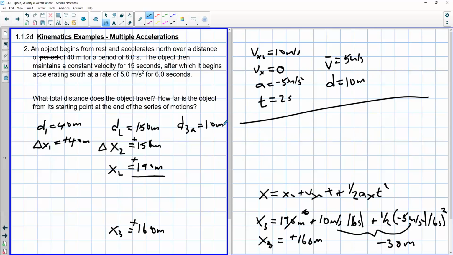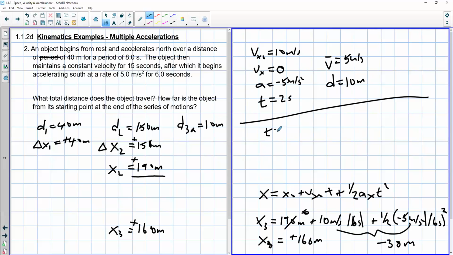Then, after it stopped, it started going the other direction, and we know it did that for 4 seconds. We know the initial speed is 0, and the final speed in the other direction is going to be 20 meters per second. And so the average speed there is 10 meters per second.